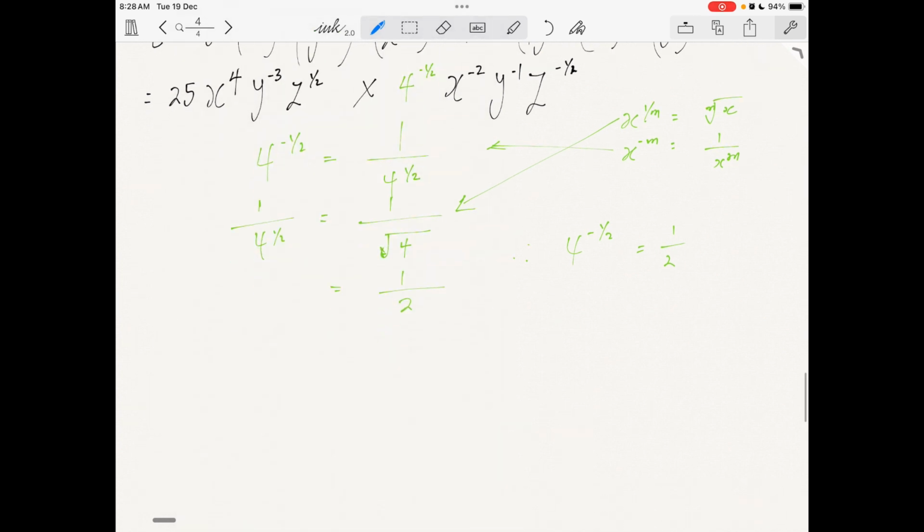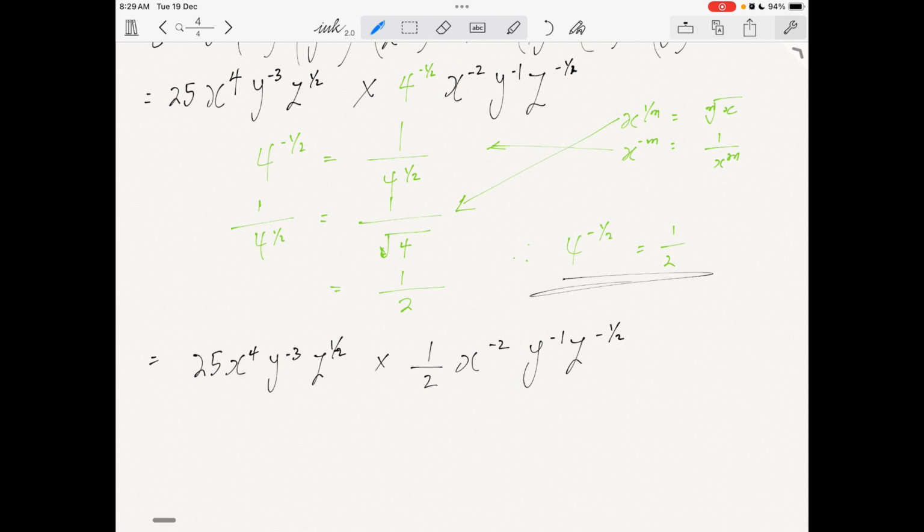So if I go back to the question itself, that will give me 25 x raised to the power 4, y raised to the power minus 3, z raised to the power half, multiplied by 4 raised to the power minus half, which is 1 over 2, x raised to the power minus 2, y raised to the power minus 1, z raised to the power minus half.